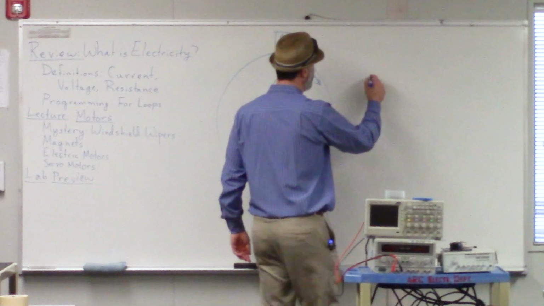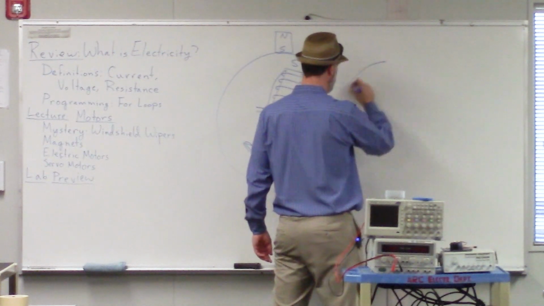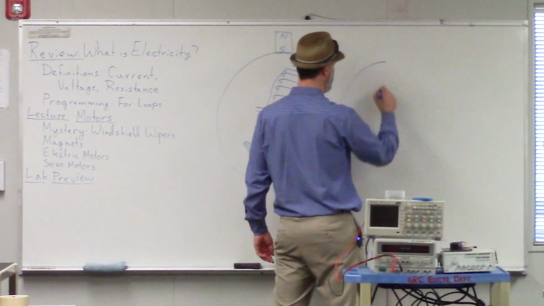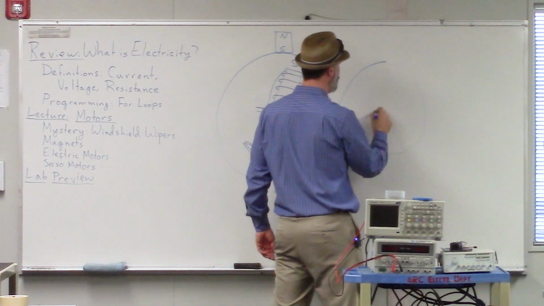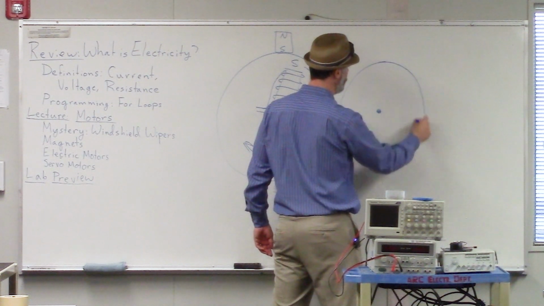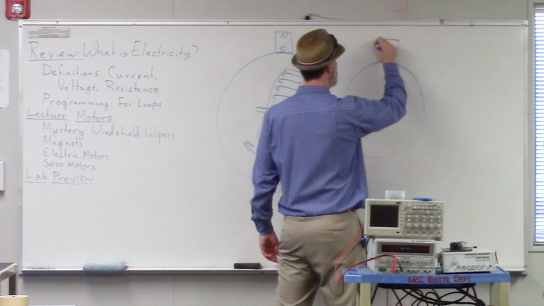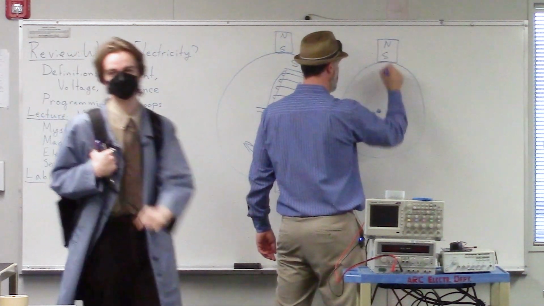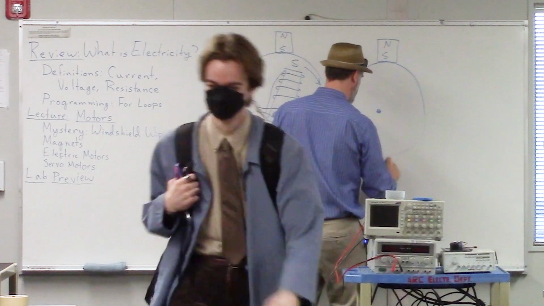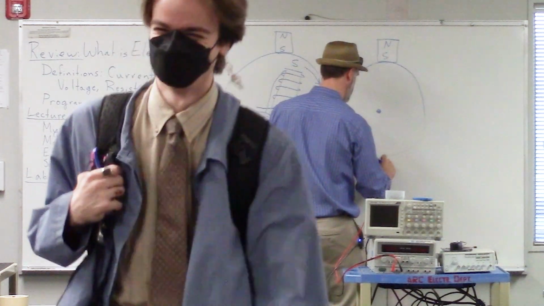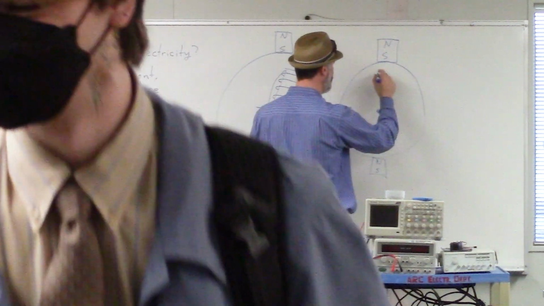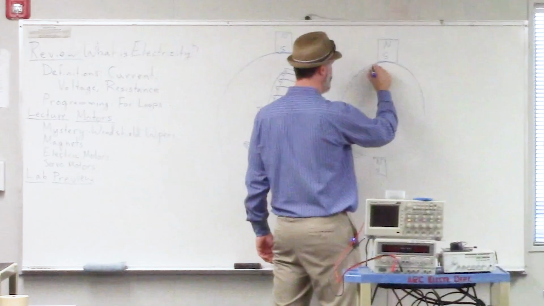So then if we wait just a moment later, this bar will have turned a bit. So we still have our permanent magnet at the top and permanent magnet at the bottom. But now the bar has rotated around a bit.